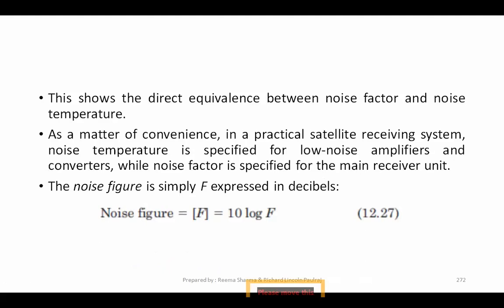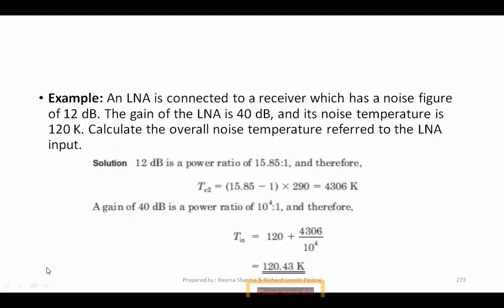If you want to express it in decibels, you'll be using 10 log of the value of F. That's why you see this square bracket. Remember, we spoke about this in our initial classes: whichever parameters are given in square brackets, we will be looking at their decibel format.